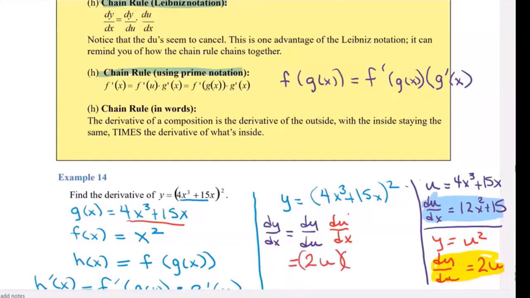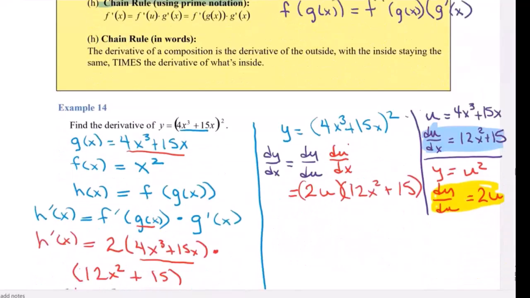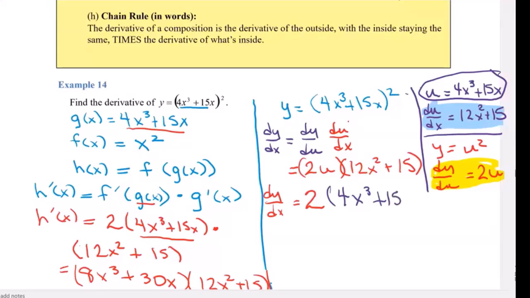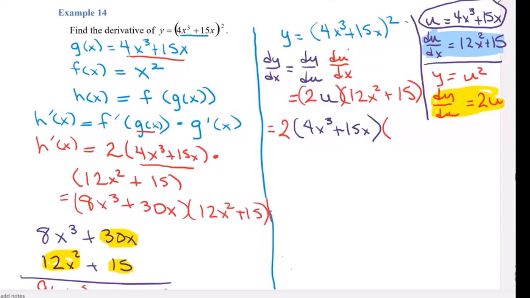And du dx is 12x squared plus 15. Now I just have to say dy dx equals 2 times u. Here's my u. So it's 2 times 4x to the third plus 15x, times du dx.